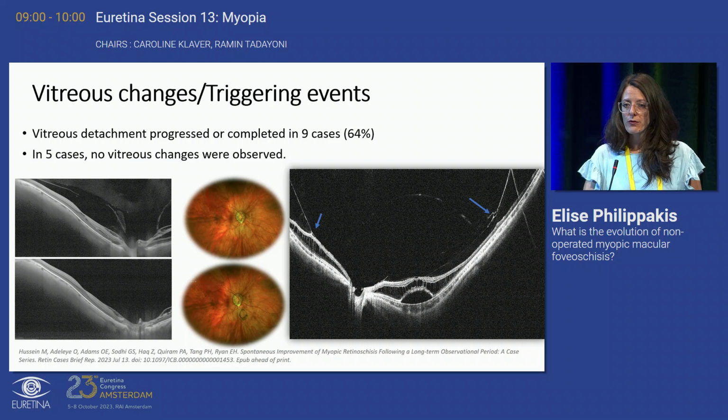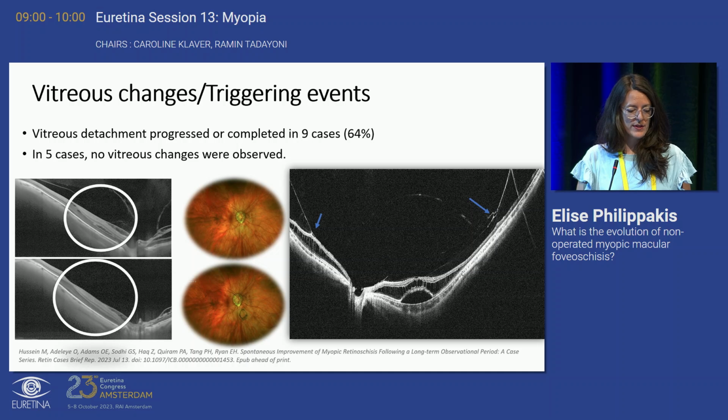And we observed, again, in 2/3 of cases, that vitreous detachment progressed or changed, either from no detachment to perifoveal detachment or completely detached, as you can see in the first case.